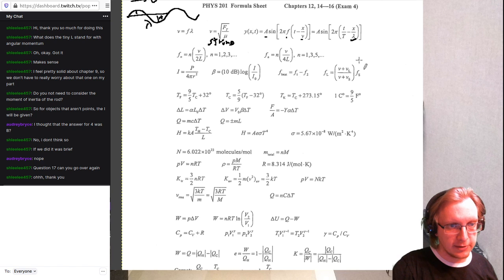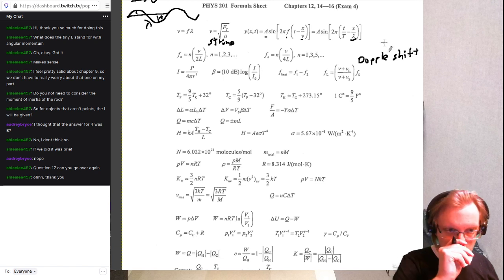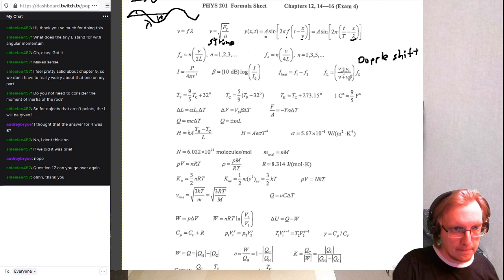This is Doppler shift here. I prefer to write it as plus or minus, and then you need to pick plus and minus to make sense.